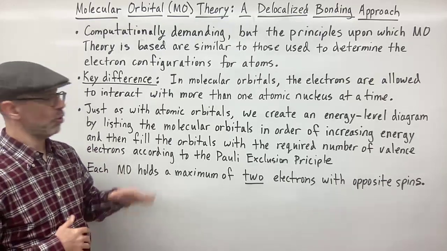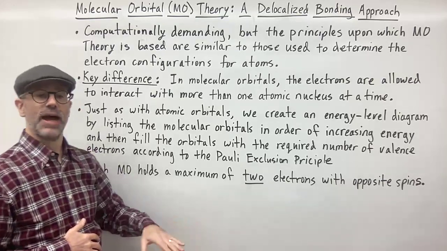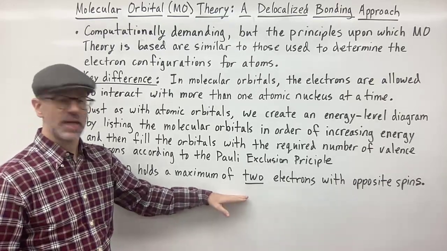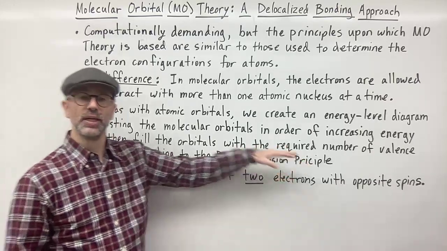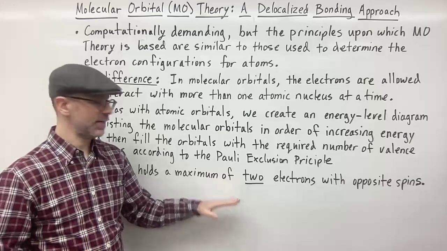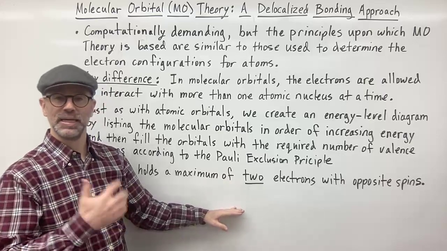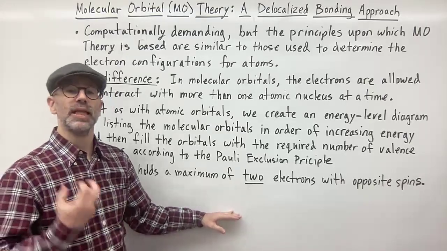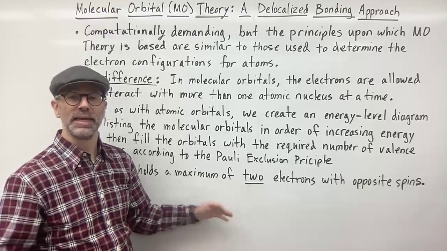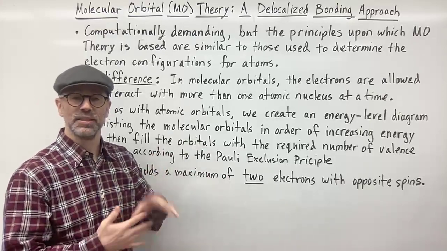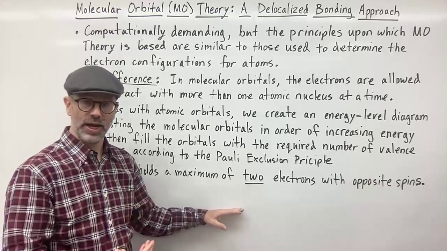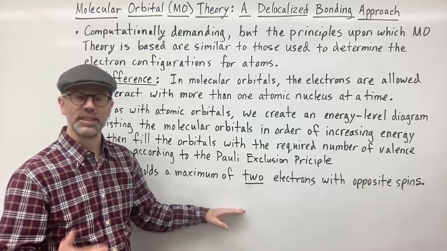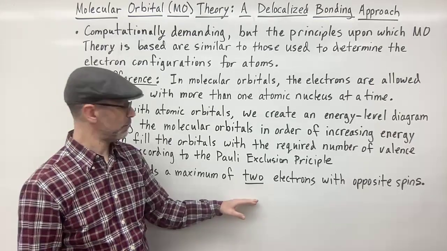Instead of having atomic orbitals like 1s, 2s, 2p, 3s, we're going to have molecular orbitals, which are a combination of s's and p's and d's and things like that, right? So we're not going to call them 1s orbitals. We're going to call them something different, which we'll get into a little later.